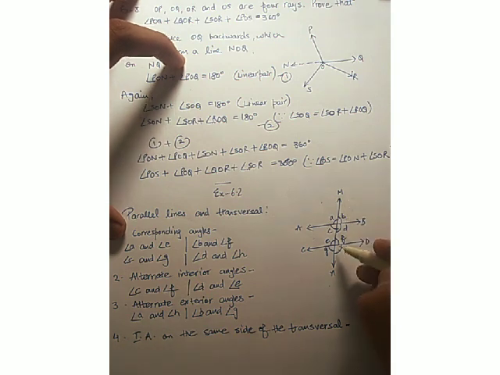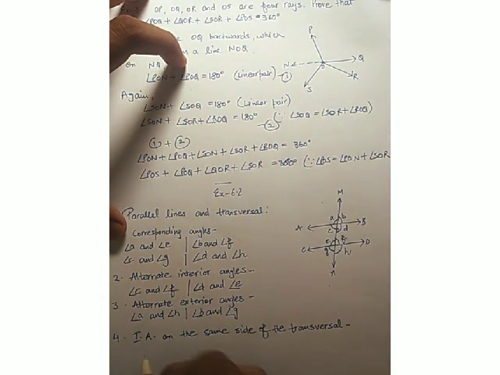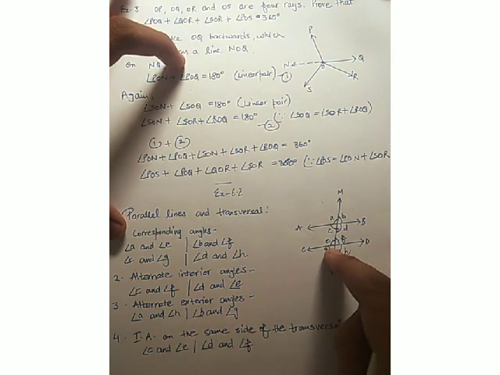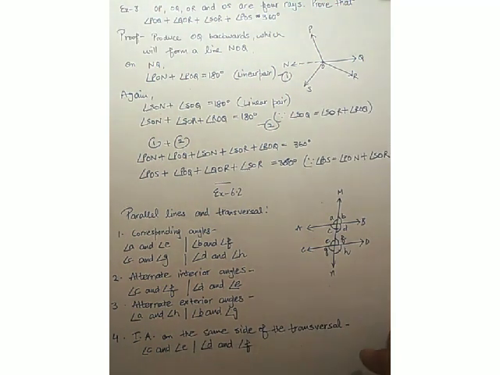This is the transversal, and on one side there are interior angles, which are C and E, and they are on the same side of the transversal. So if we want to form the pairs of interior angles on the same side of the transversal, the pairs will be angle C and angle E, and the second pair will be angle D and angle F. So you have to remember the position of all of these angles.